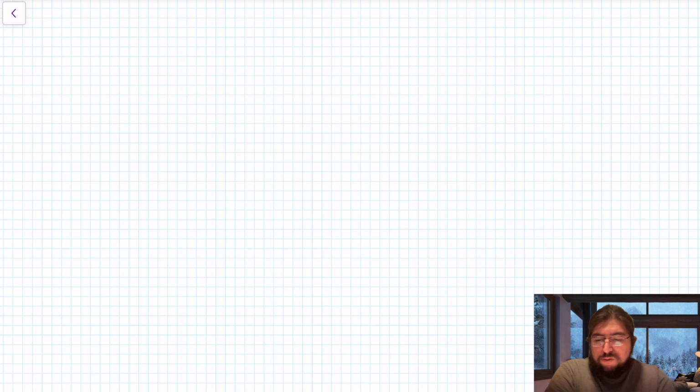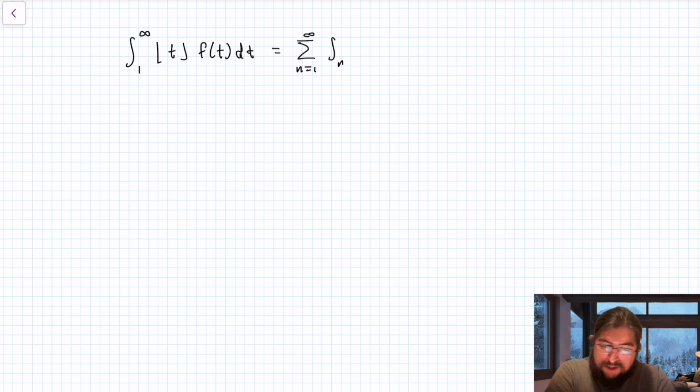Okay, so with that out of the way, let's consider the following property. If you have the integral from 1 to infinity of the floor function of t times any function of t dt, what happens? Well, as it turns out, you can rewrite this as the sum from n equals 1 to infinity of the integral from n to n plus 1 of the floor of t times f of t.